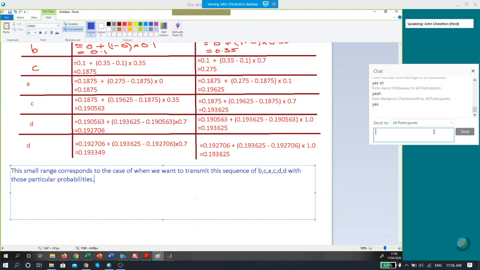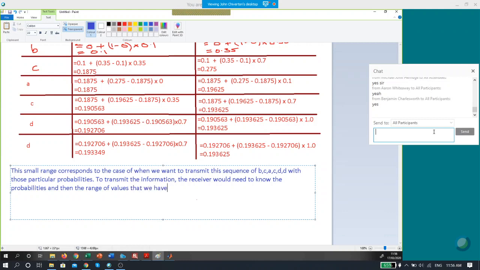So to transmit the information, the receiver would need to know the probabilities, and then the range of values that we have right at the end.